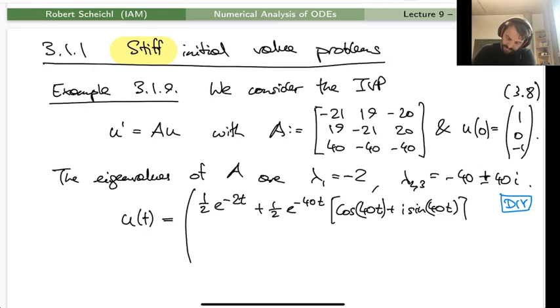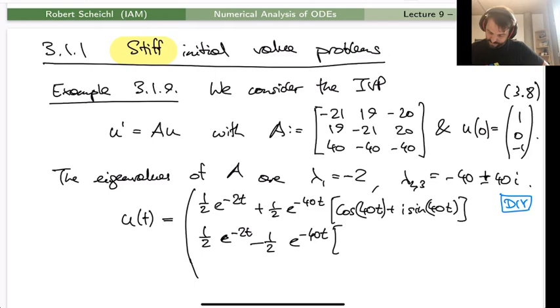And the second component is similar: minus a half e to the minus 2t, minus a half e to the minus 40t times cosine of 40t plus i times sine of 40t.